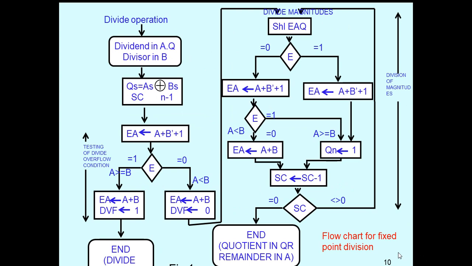So this is the flowchart to perform the division of two binary numbers. This shows the entire divide operation. The dividend is in AQ and the divisor in B. We have to know the sign of the division operation, so to check that we perform the sign operation.